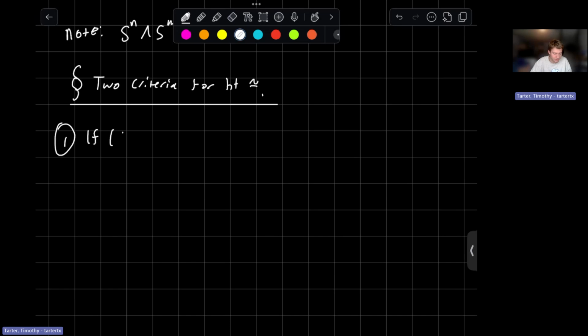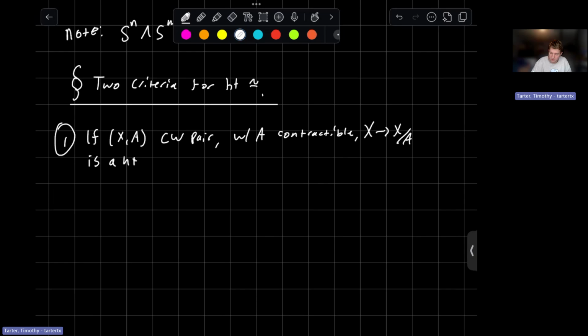So if x comma a is a CW pair with a contractible to a point, then x to x quotient a is a homotopy equivalence.